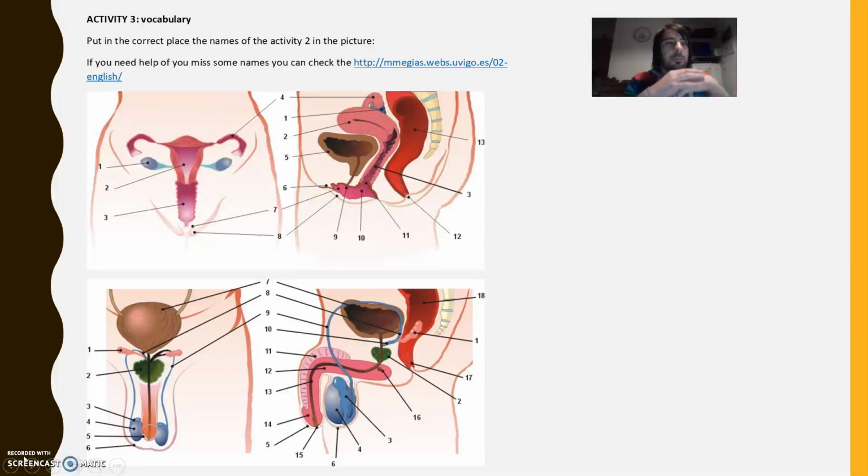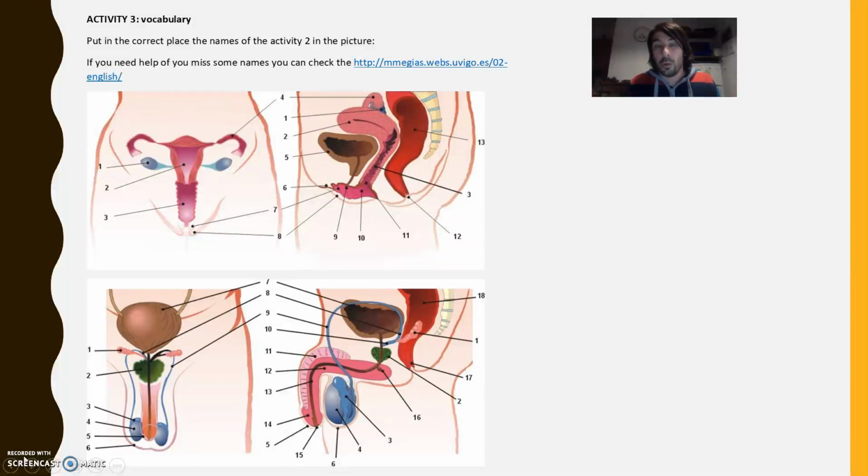The next activity is also a vocabulary activity. In that one appears the picture of the female reproductive system and the male reproductive system, and with the words of activity 2, now they have to put them in the correct place.